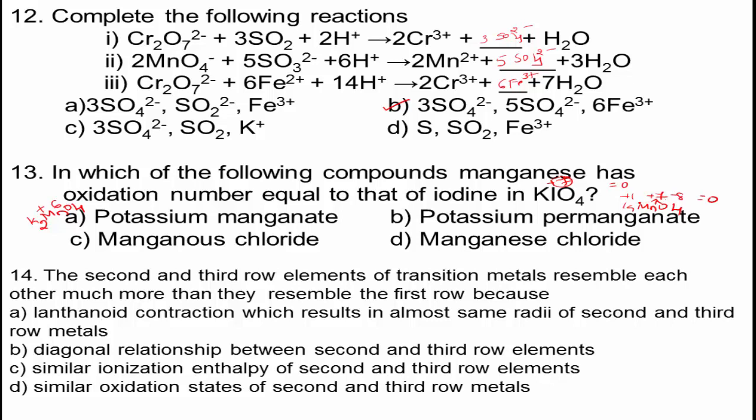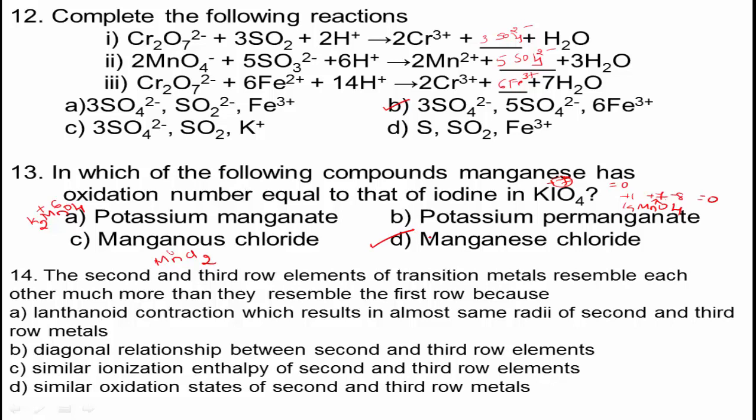Next, manganese chloride MnCl2. Here the oxidation number of manganese is not plus 7, so this is not the right answer. Therefore the correct answer for this question is D. D is the right answer.